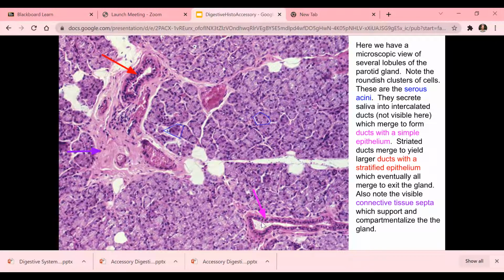Intercalated ducts can make a larger duct like this, which is a striated duct. And a striated duct can make a very large duct, which we call the excretory duct. The excretory duct can send the secretion into our mouth cavity. The excretory ducts are located in the connective tissue.